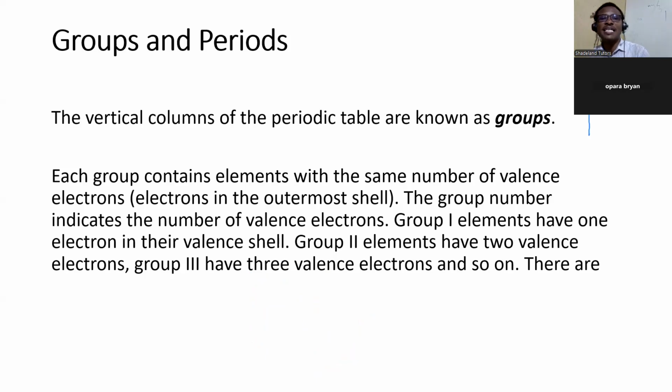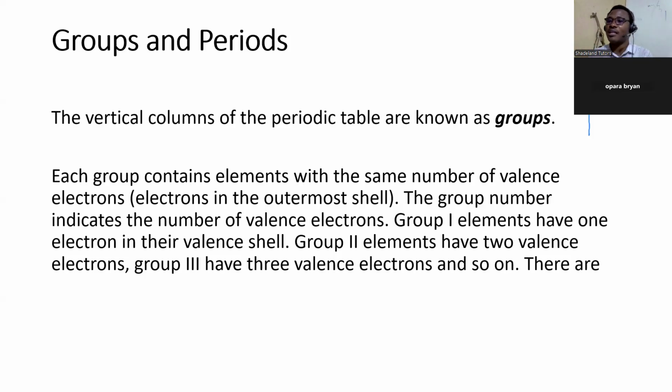The group number indicates the number of valence electrons. I hope you can see that. What that means is that group 1 elements have 1 electron in their valence shell. If you see an atom that has only 1 electron in its valence shell, feel free to categorize it as a group 1 element. Remember, I said an atom, not an ion. An atom is one that has not lost or gained electrons.